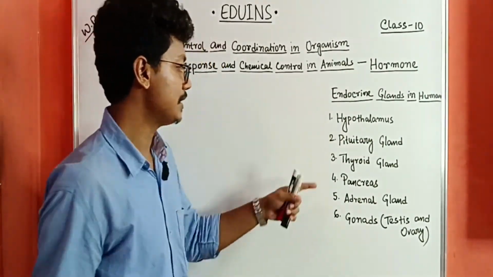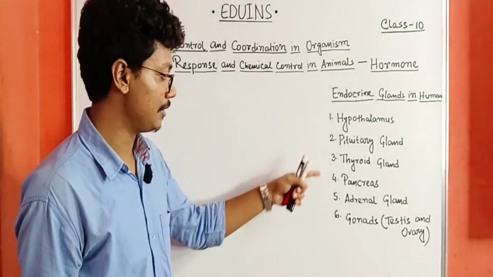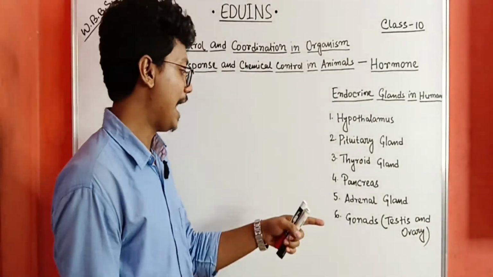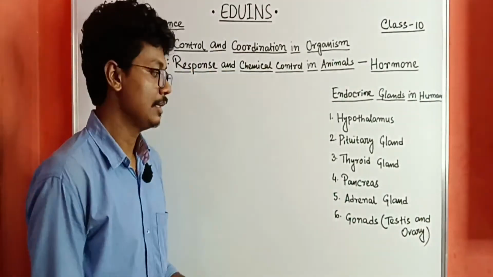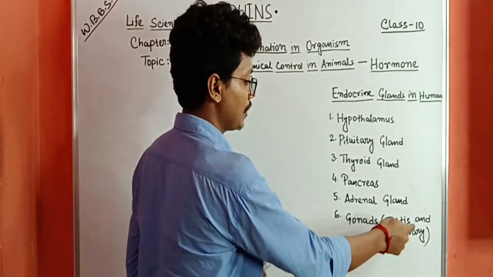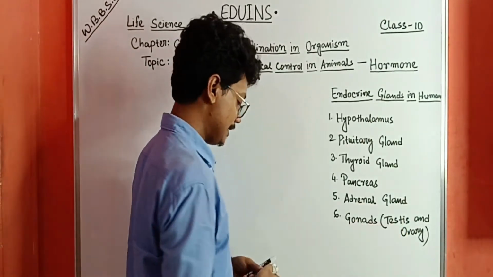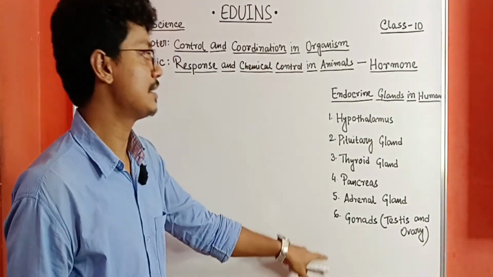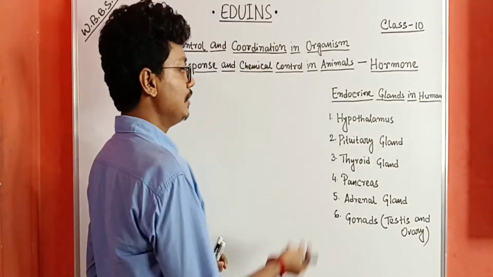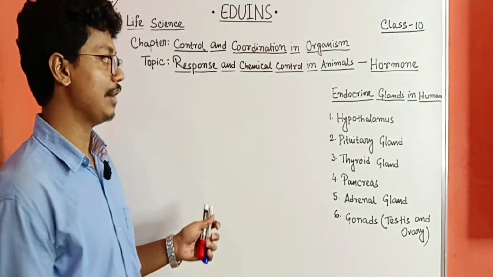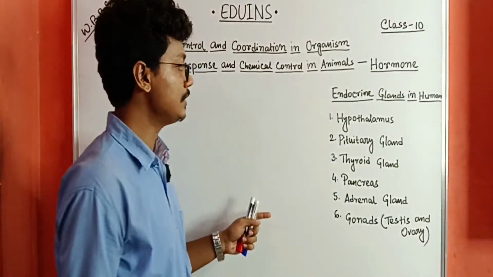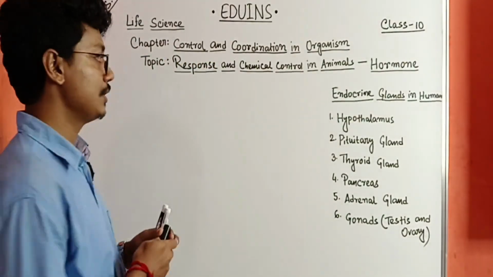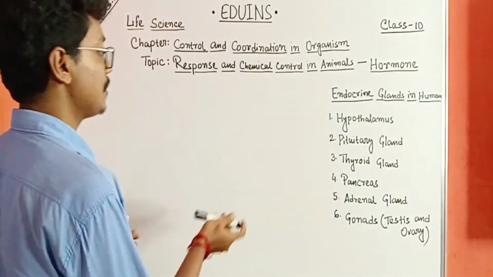Number 1 is hypothalamus, number 2 is pituitary, number 3 is thyroid gland, number 4 is pancreas, number 5 is adrenal gland, and number 6 is the gonads, which are specialized for male and female. For the male, it is the testis, and for the female, the ovary. Besides these glands, 2 more glands are present in our body but not included in your syllabus. That is the thymus and parathyroid gland, which we will discuss at the end of this session.